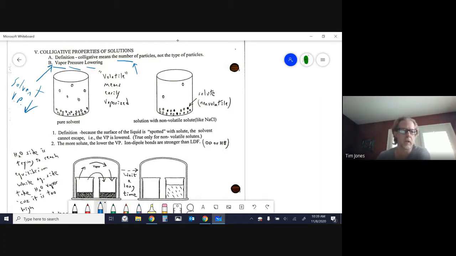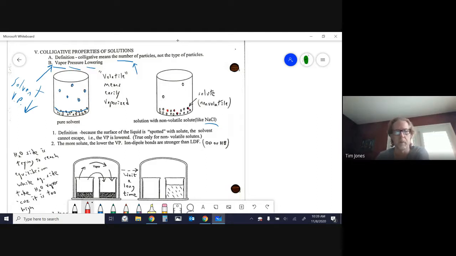And so if you imagine a closed container, let's just do water again. Most of the water is going to be down here as a liquid, and a few particles will escape and start bouncing around, and those particles will create the vapor pressure. Well, if you put a solute like sodium chloride, I've tried to draw that here. Let me use a different color, make this more clear. Let's do red for the salt. We've got some here, here, here, and here.